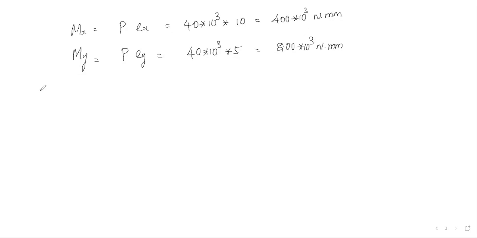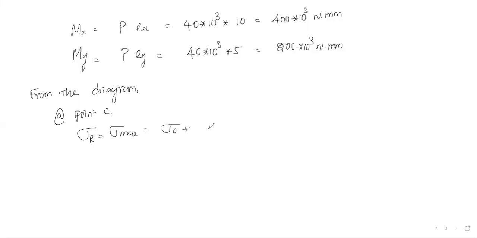Now let us move on to the sigma max calculation. Okay, so from the diagram at point C, sigma r is equal to sigma max, such that sigma naught plus sigma bx plus sigma by.